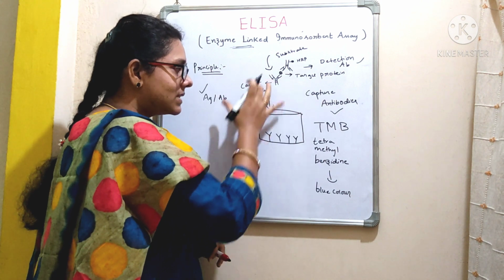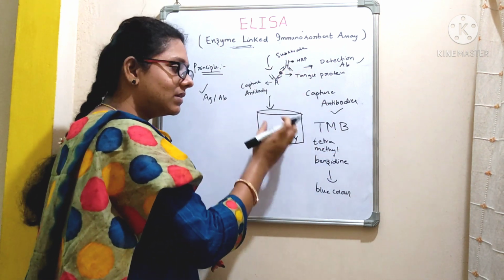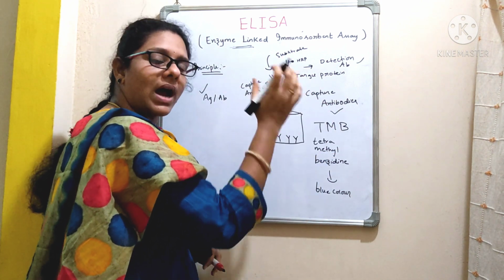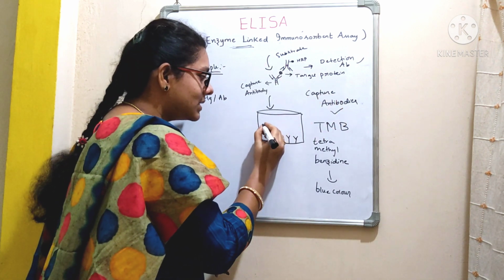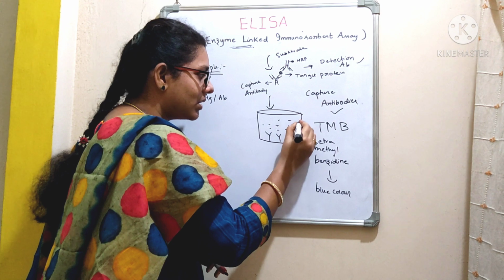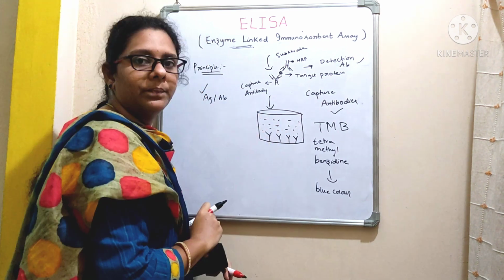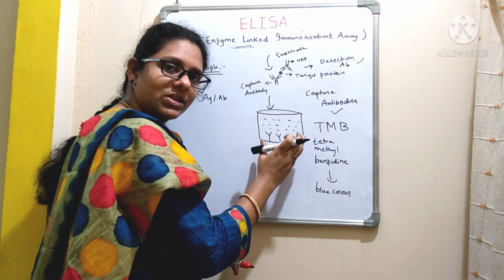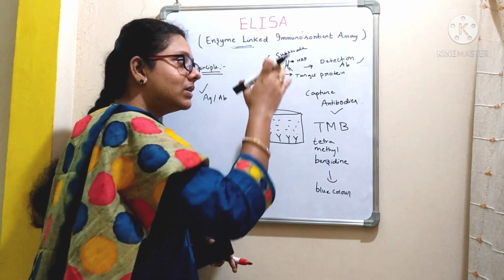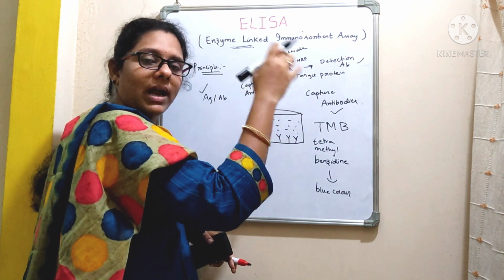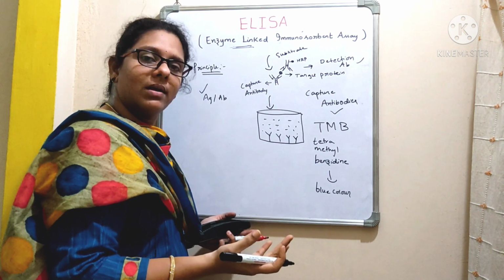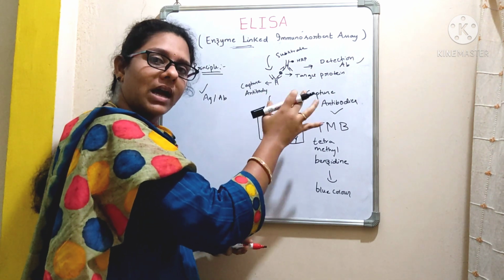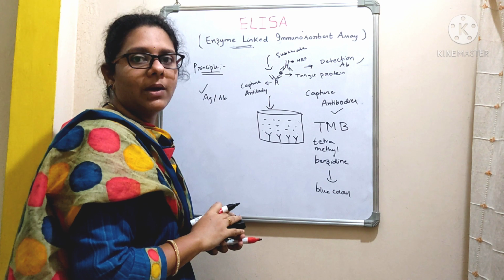So once this reaction takes place in this well, after you add a substrate and incubate for a certain time period, the color of the well will change to blue. Based on that color change, you can easily make out whether that particular antigen or antibody is present in the sample or not. If there is no color, it means there is no specific reaction between the antigen and antibody.